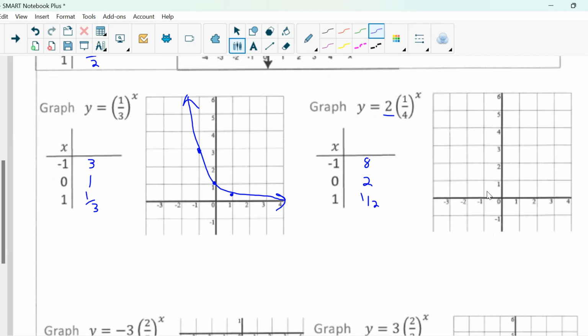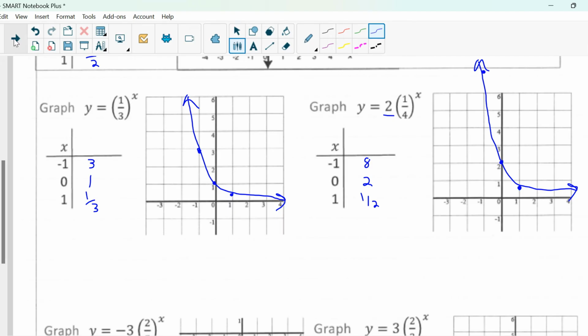So we can go ahead and graph this. -1 and 8, which would be somewhere up above our graph. 0 and 2 should be a point there. And 1 and 1/2 would be about there. Connecting these points, we are going to get a graph that looks something like this.